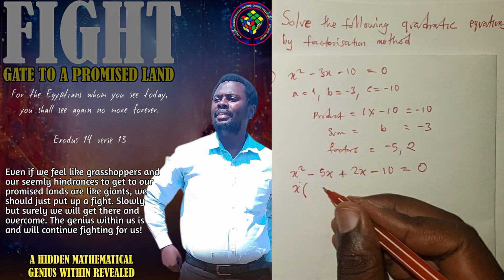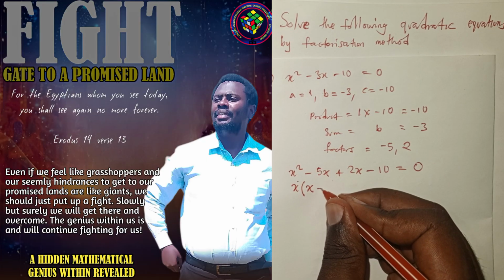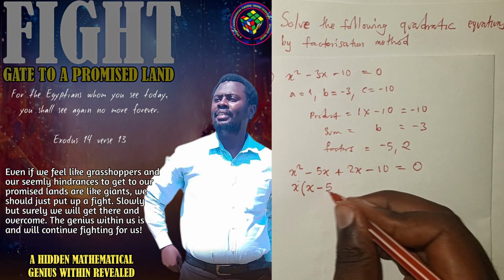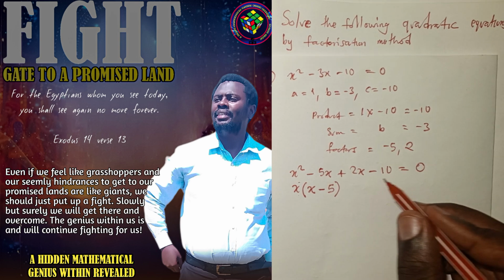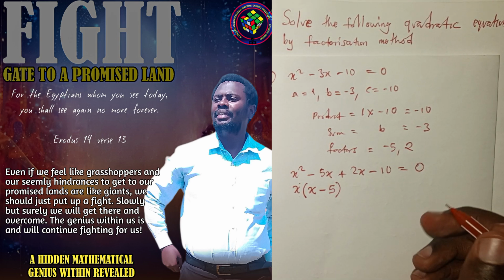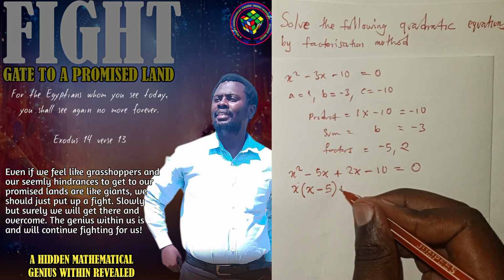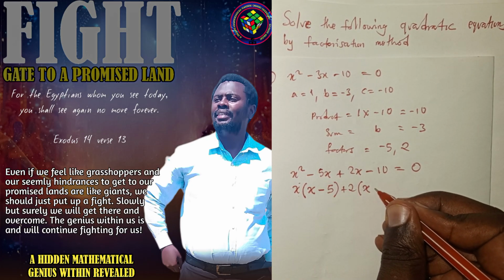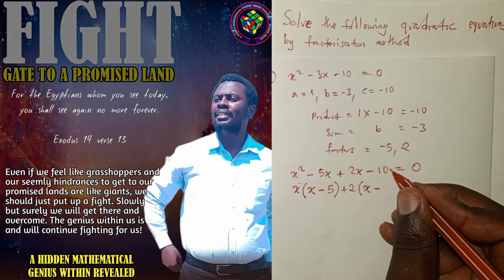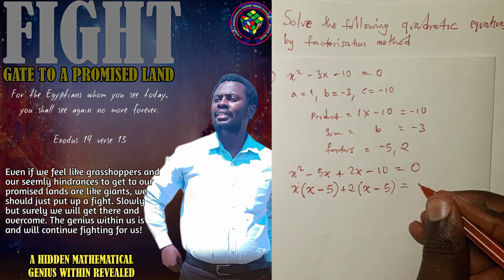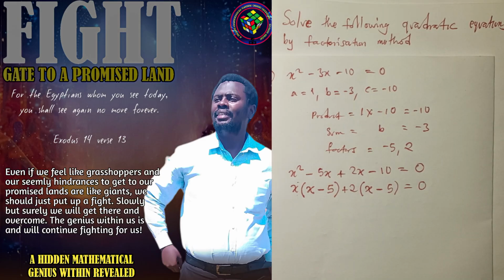X squared divided by x, you get x. Minus 5x divided by x, yes, we get 5. In these two, what is common? Yes, 2 is common. So we say plus 2. 2x divided by 2, that is x. Minus 10 divided by 2, yes, 5. And this is equal to 0.